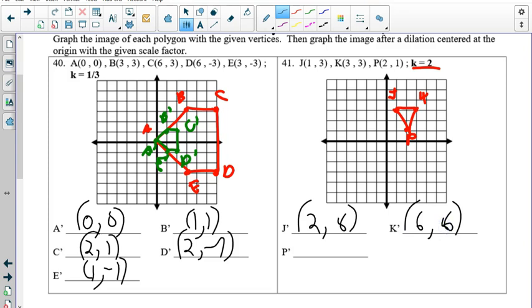And 2, 1 is going to become 4, 2. So 2, 6, 6, 6, and 4, 2. And there's my J prime, my K prime, and my P prime. And it's just a bigger triangle, and it's moved up and over to the right.